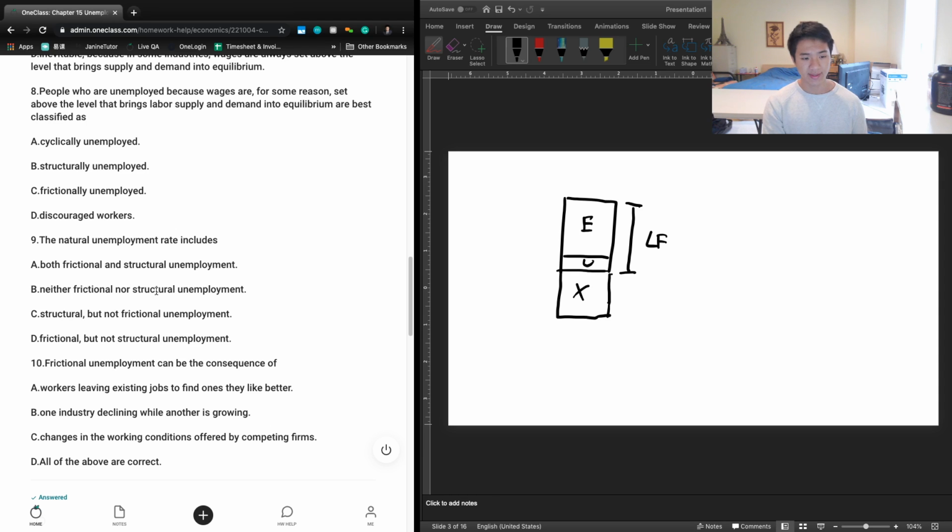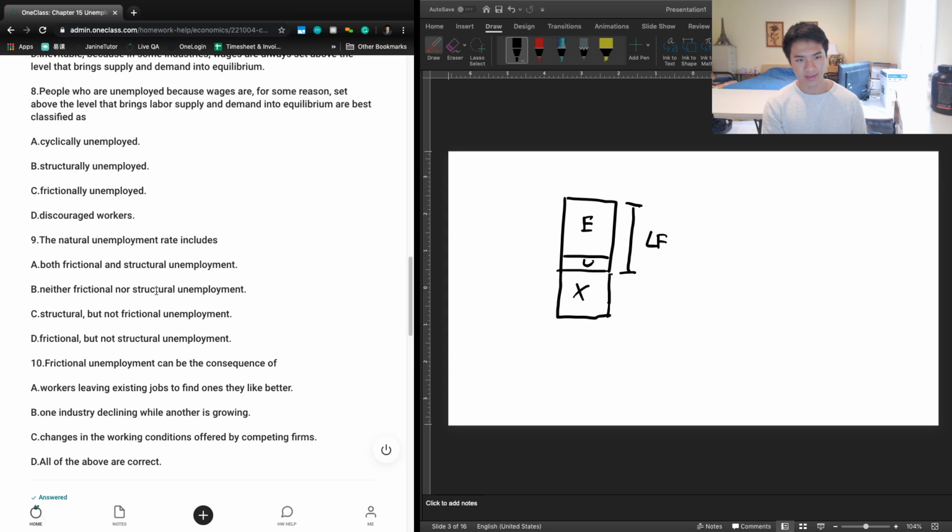And we just went over this in the last question, and we said people are going to have that labor supply and demand disequilibrium as a result of structural unemployment, where because wages are above equilibrium, there's a shortage of labor, and that structure of the economy leads to there not being enough jobs to go around.